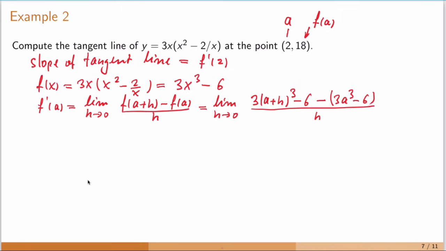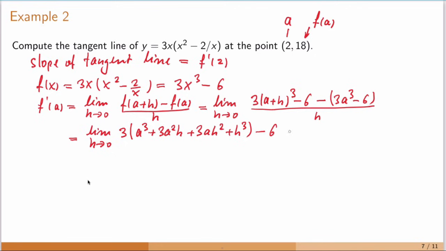So I have to multiply out the (a plus h) to the 3 term, and I know this formula by heart. So this is 3 times a cubed plus 3a squared h plus 3a h squared plus h cubed.